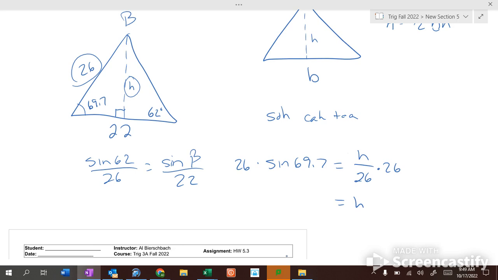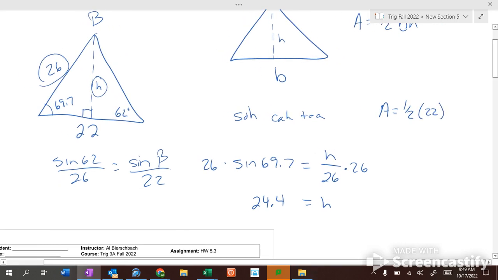Okay? Which is what? Somebody, calculator. 24.4. Okay? And the area is 1/2 the base, which is 22, times the height, which is 24.4.